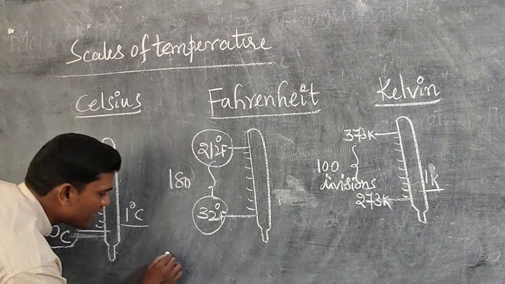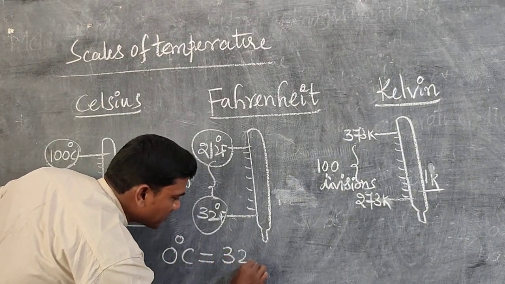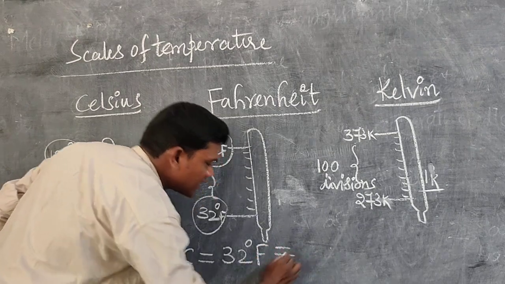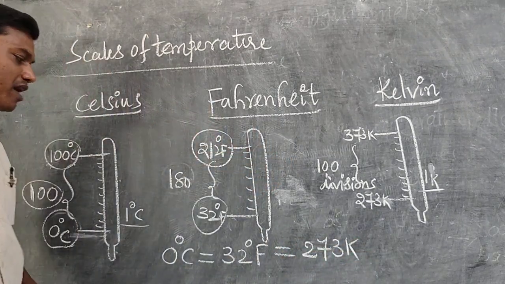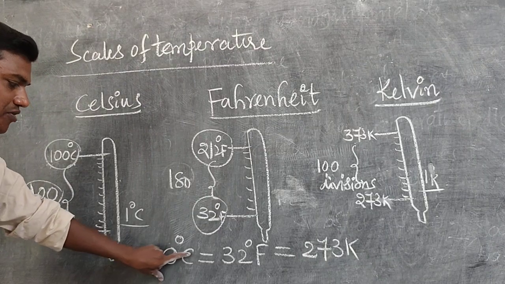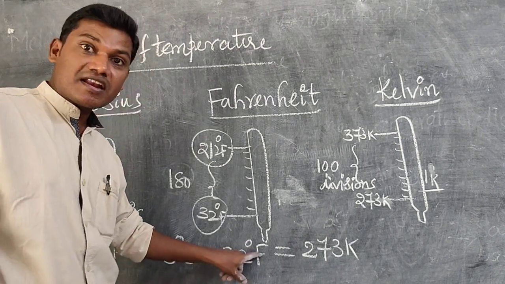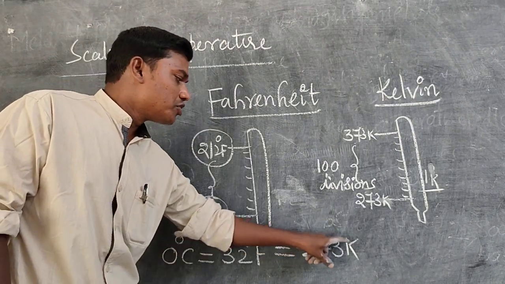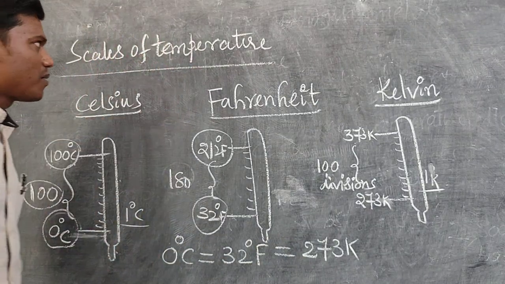Here we can simply write 0 degrees Celsius is equal to 32 degrees Fahrenheit, which is equal to 273 Kelvin. That is, the melting point of water in the Celsius scale is 0 degrees Celsius, equal to 32 degrees in the Fahrenheit scale, and equal to 273 Kelvin in the Kelvin thermometer.